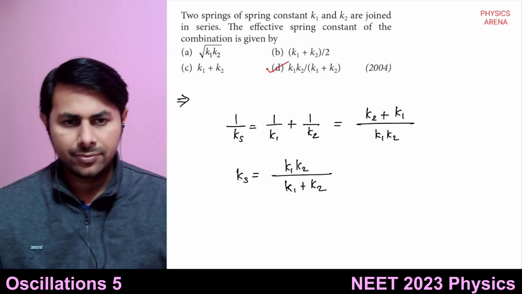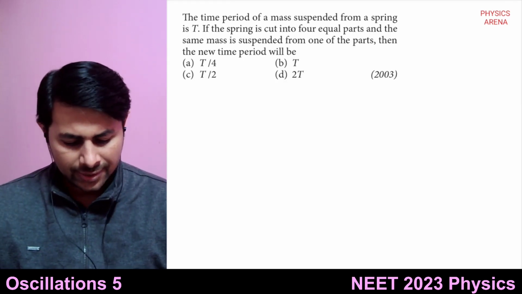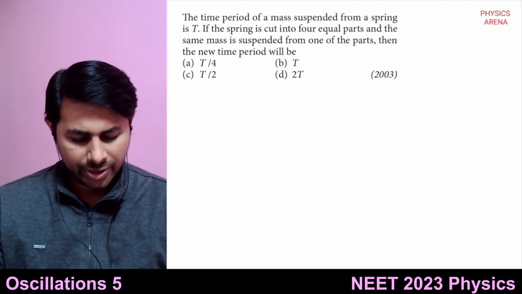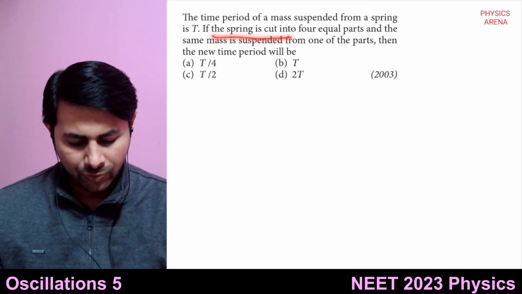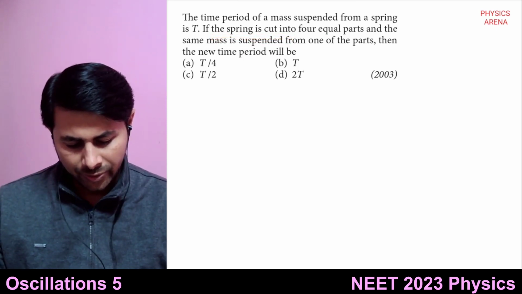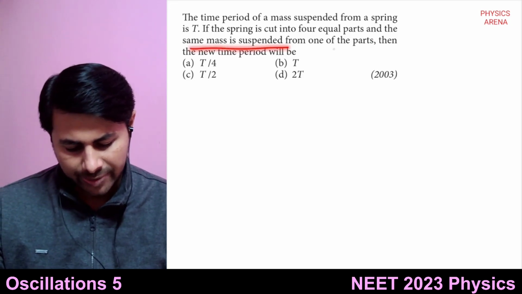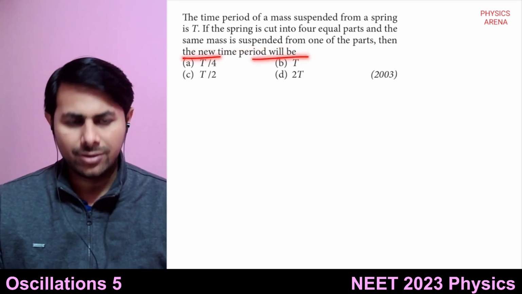Option D. Next question. The time period of a mass suspended from a spring is T. If the spring is cut into 4 equal parts and the same mass is suspended from one of the parts, then the new time period will be? Tell me.